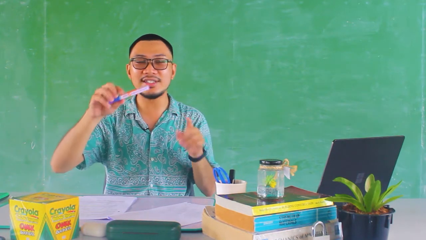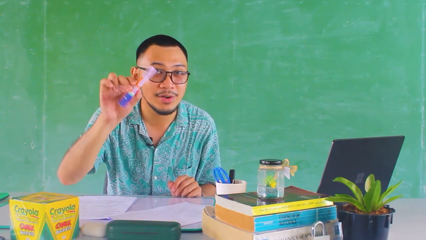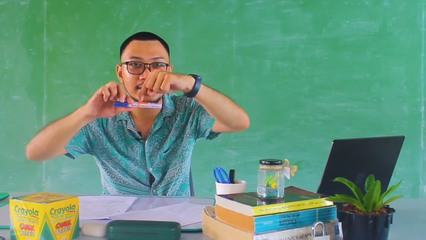So, ang atong gi-consider karon nga area kay ang cross-sectional area sa aning pen. Kay internal mga force ang naa sa aning pen. Wala man ta nag-exert ang external force but on the ends lang of this pen. But now we are considering the internal reactions that is happening at this point.